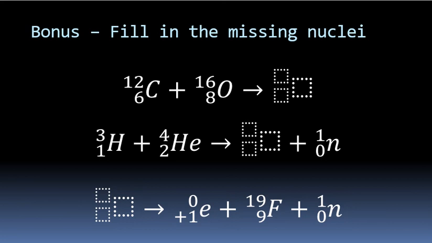And the bottom left example, I'm pretty proud of, is very theoretical. Essentially, some component breaks down into a positron, a fluorine atom, and a neutron. While not really experimentally valid, this is just another example to help get you understanding the addition of mass numbers and the addition of atomic numbers. So, fill in these 3 guys and submit them by the end of next week.